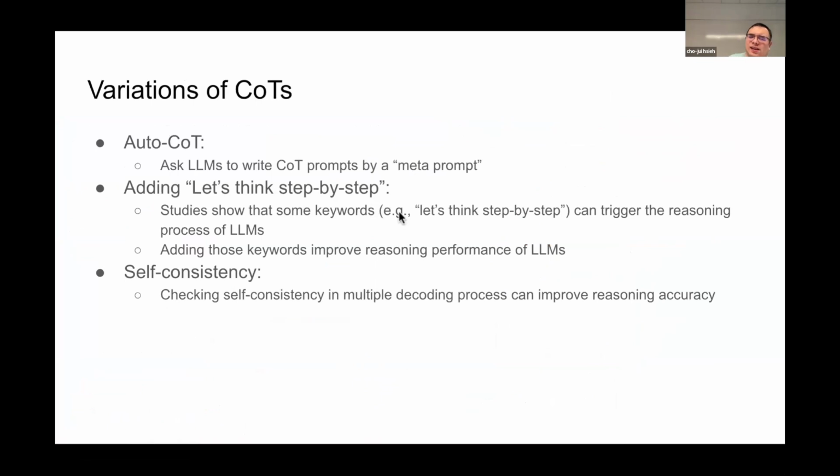I think the underlying reason is maybe in the pre-training step, if you want to think step by step, then this will associate with some reasoning process. So when you artificially add this to the prompt, this will trigger the LLM to do something like that.